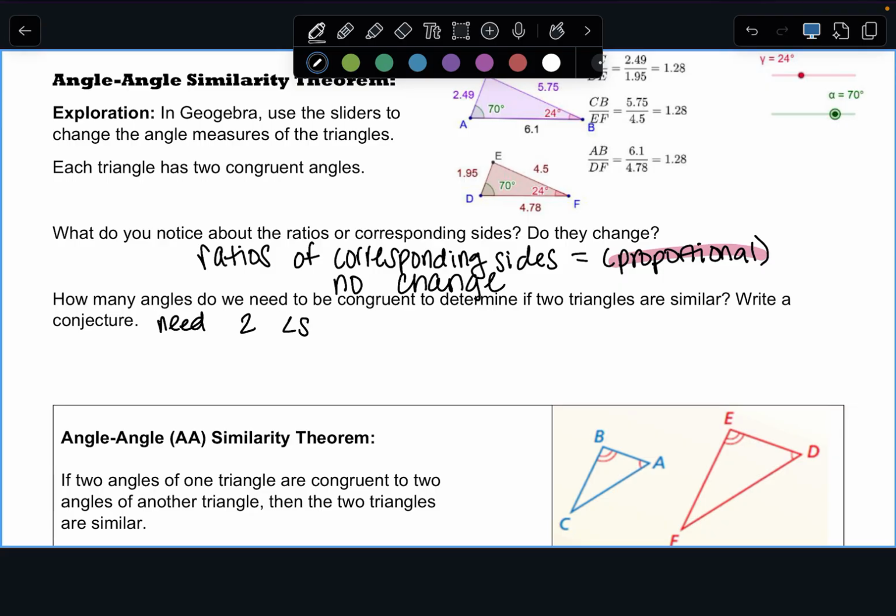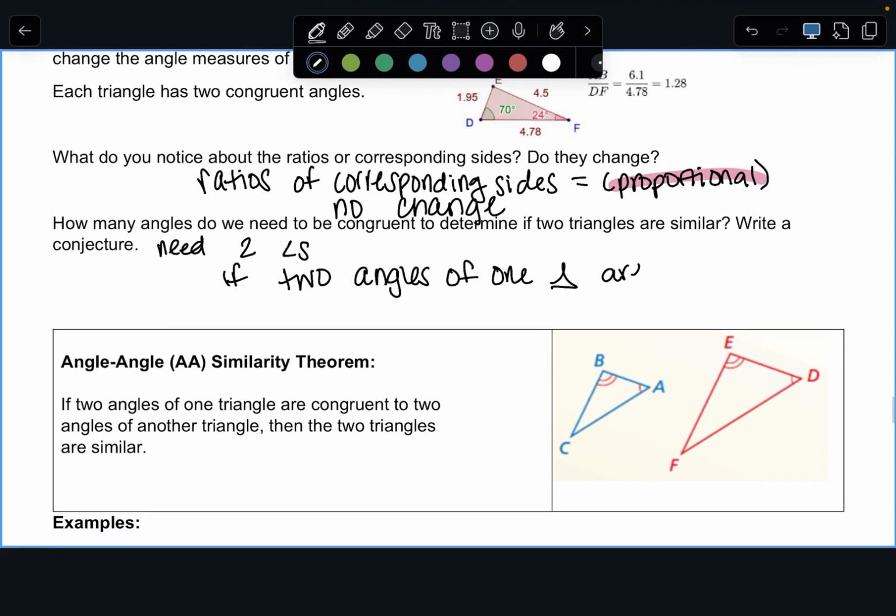Okay? So if we wrote a conjecture, that's our educated guess from Unit 1, we can say that if 2 angles of one triangle are congruent, they're the same, they're equal, to 2 angles of another triangle, so that's what we had up here.